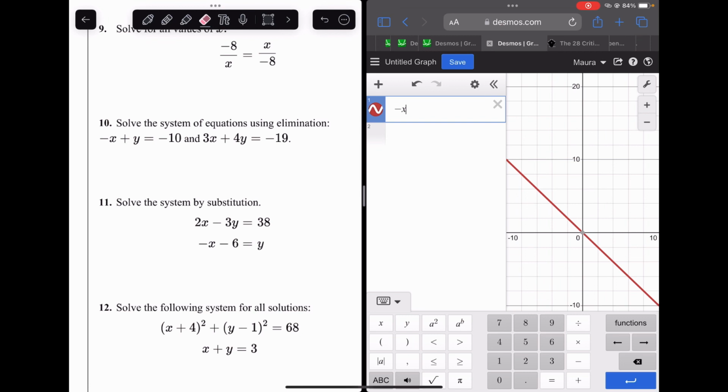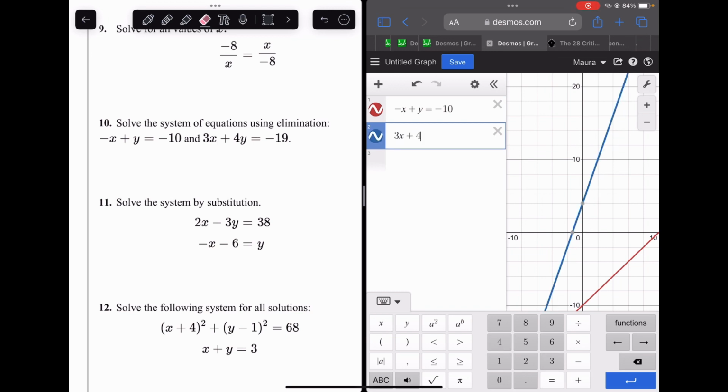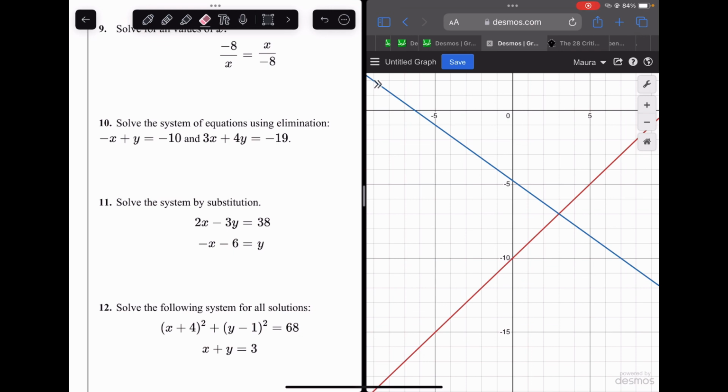So we'll do negative x plus y equals negative 10. And then we've got 3x plus 4y equals negative 19. All right. And then what you can do is you just need to look at where these two functions crisscross. Now, in this case, it's not like it was just a singular equation like we were solving before.